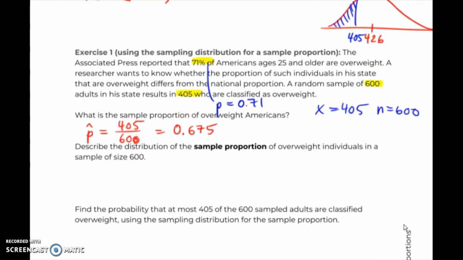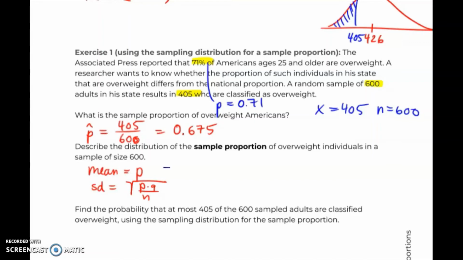Now let's describe the sample proportion of overweight individuals in a sample of size 600. Well, we know it is centered at our population proportion, so the mean is equal to our population proportion, and the standard deviation is equal to the square root of p times q over n.